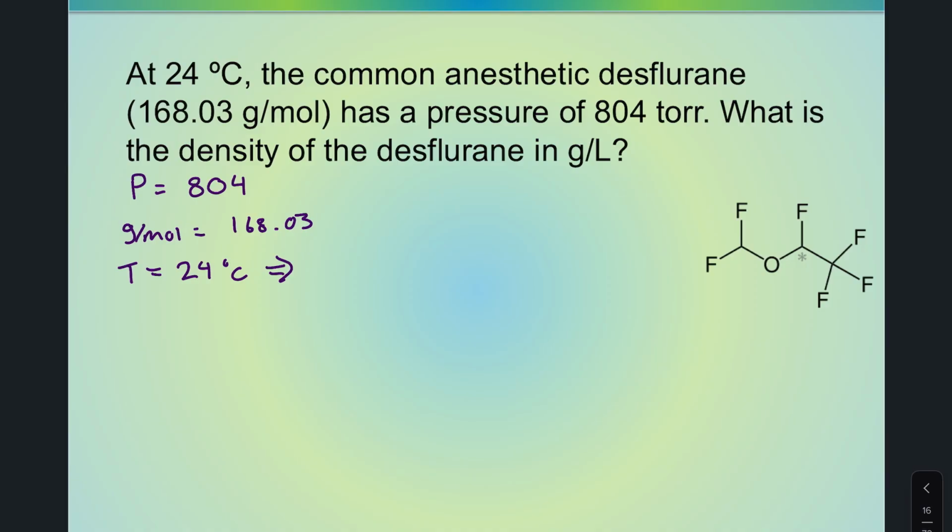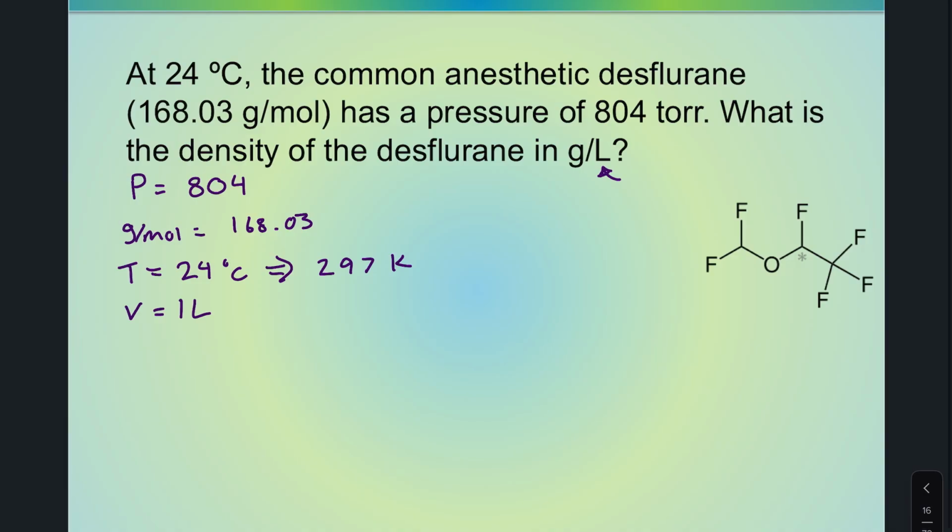So 298 Kelvin is room temperature, so 297 is going to be the value of Kelvin that we are going to use. We have our volume. Again, we are going to be using the density, so we can assume we have 1 liter.